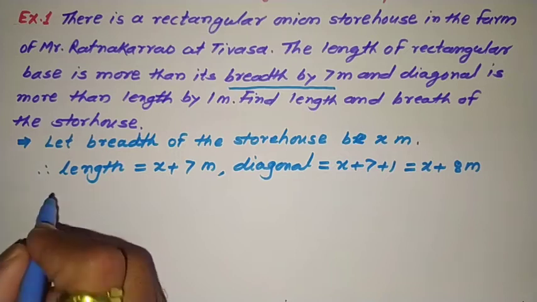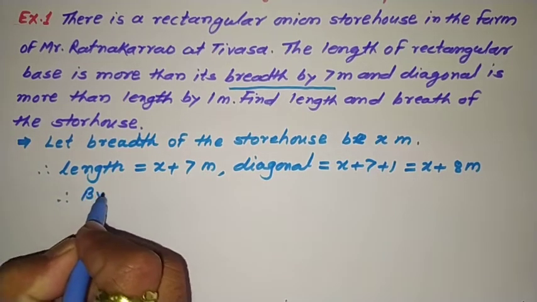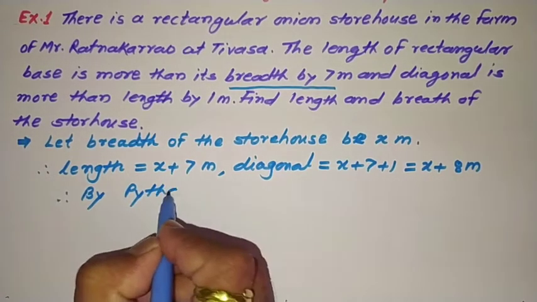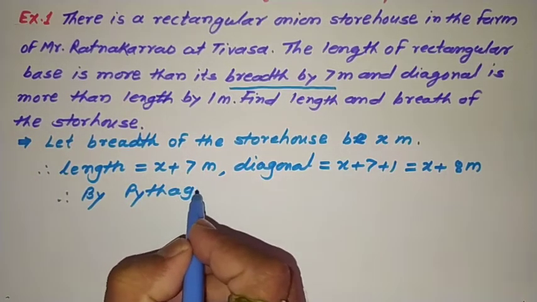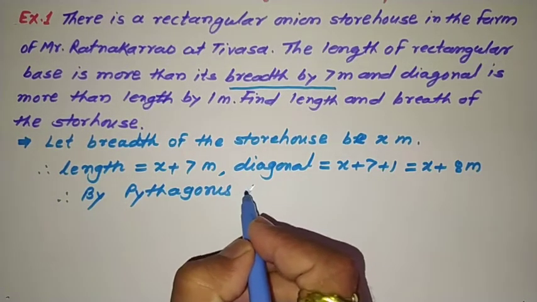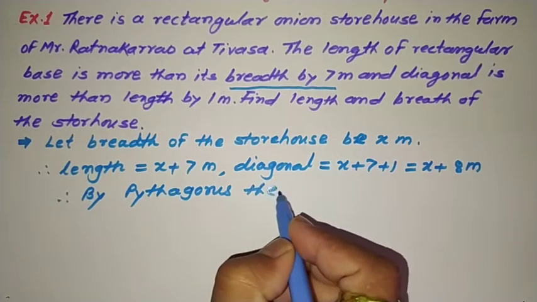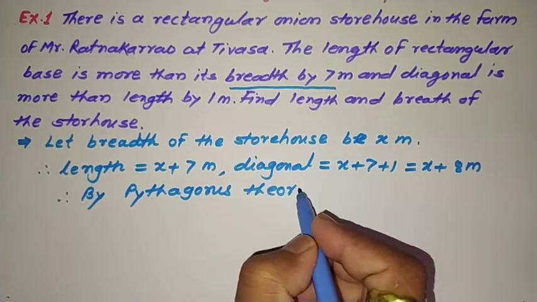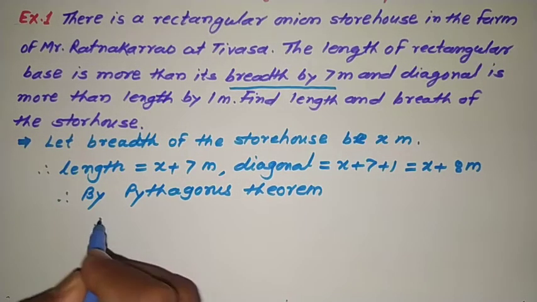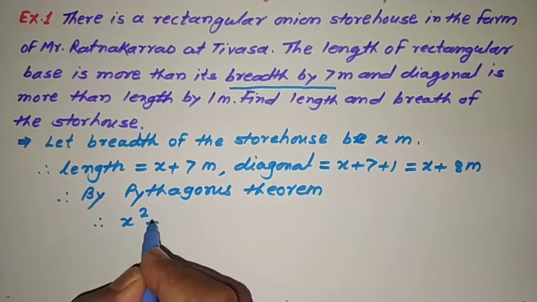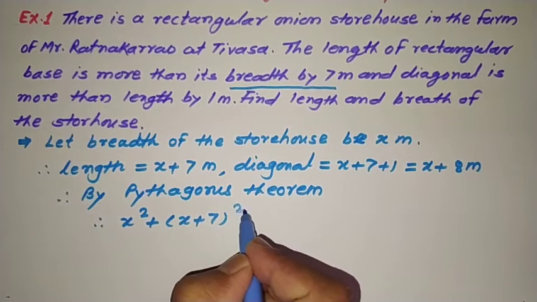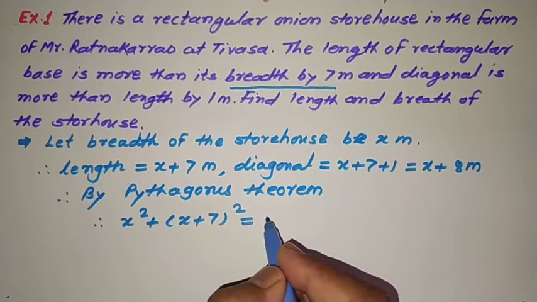By Pythagoras theorem, base square plus length square is equal to diagonal square.